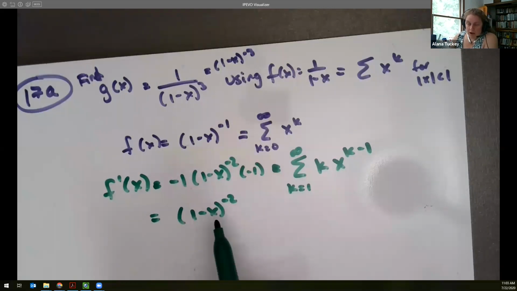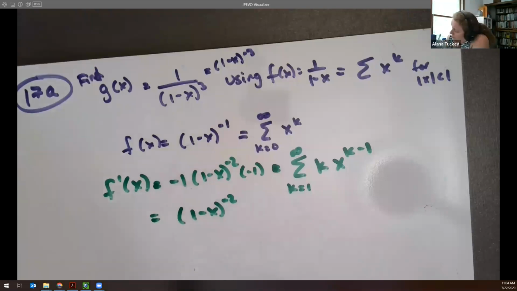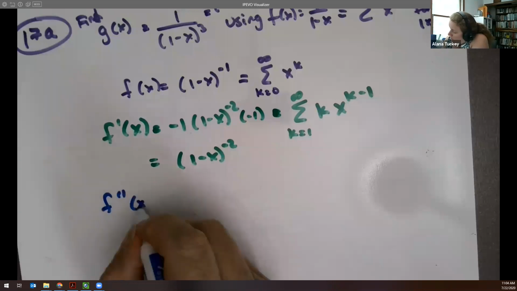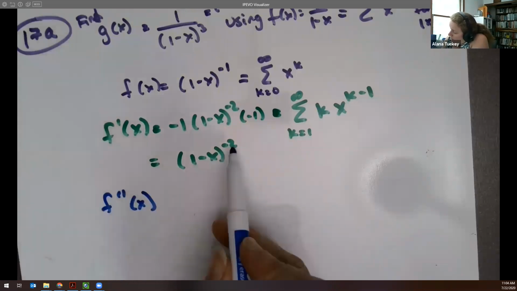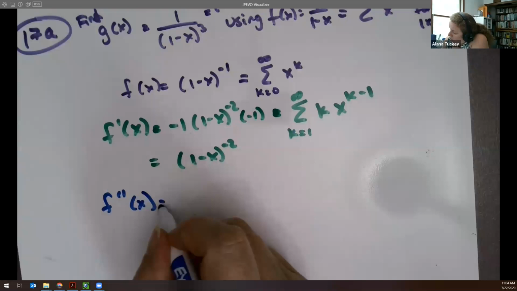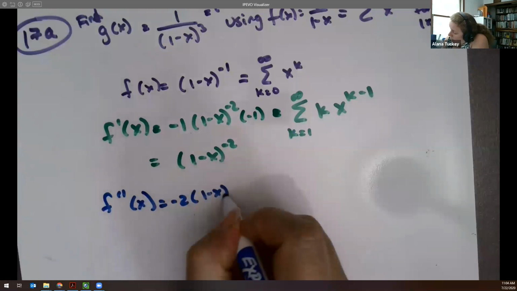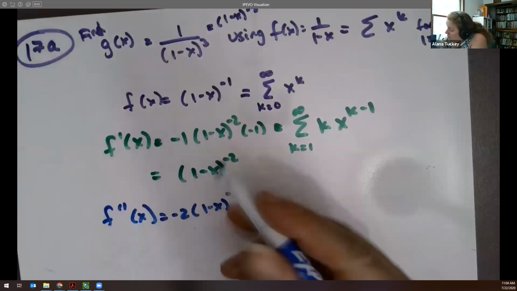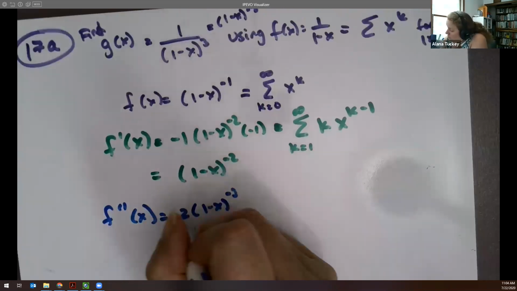So now I need to take the derivative of this. I need to take the second derivative. So the second derivative, sorry, I should have given you more paper. I apologize. So the second derivative is you bring the negative 2, 1 minus x to the negative 3. Ooh, 1 minus x to the negative 3. That's looking good because that's what we want, right? But what we don't want is that stupid 2. We'll get rid of that in a second.